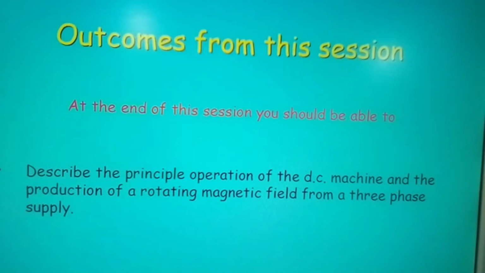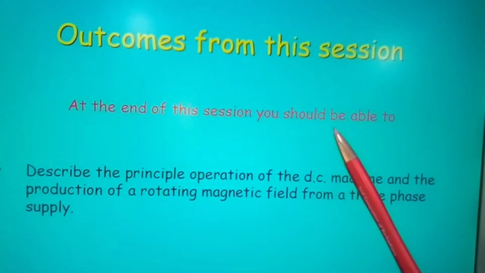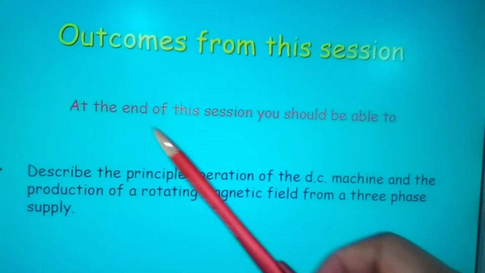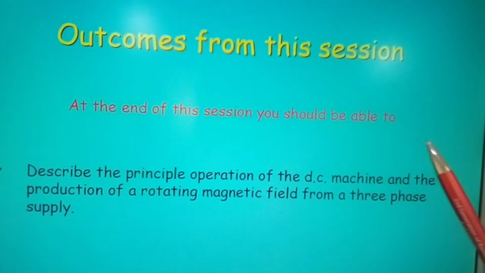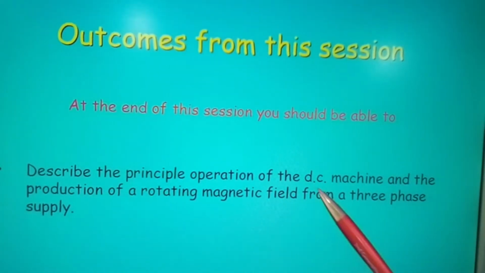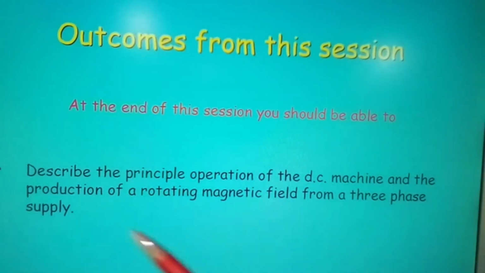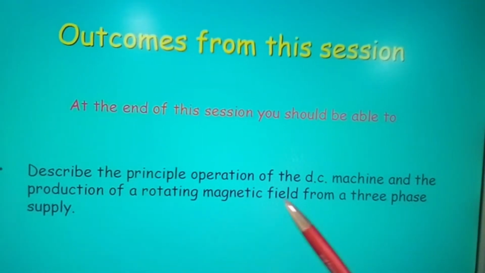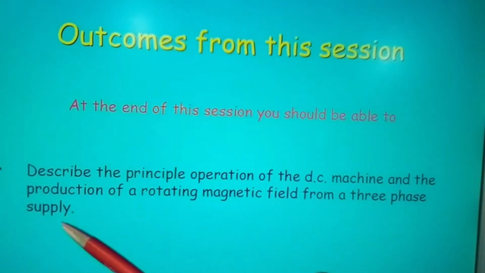At the end of this session, the students should be able to describe the principal operation of the DC machine and the production of a rotating magnetic field from a three-phase supply.